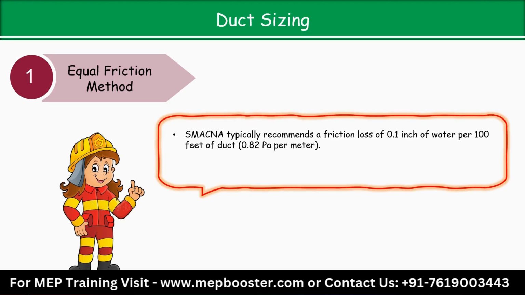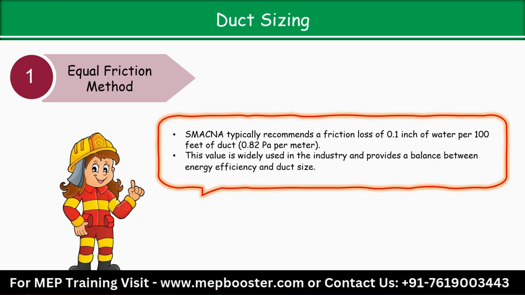So how much? As per SMACNA, they have given the value 0.1 inch of water gauge per 100 feet of duct length, near about 0.82 Pascal per meter. This value is widely used in the industry and provides a balance between energy efficiency and duct size, correct?